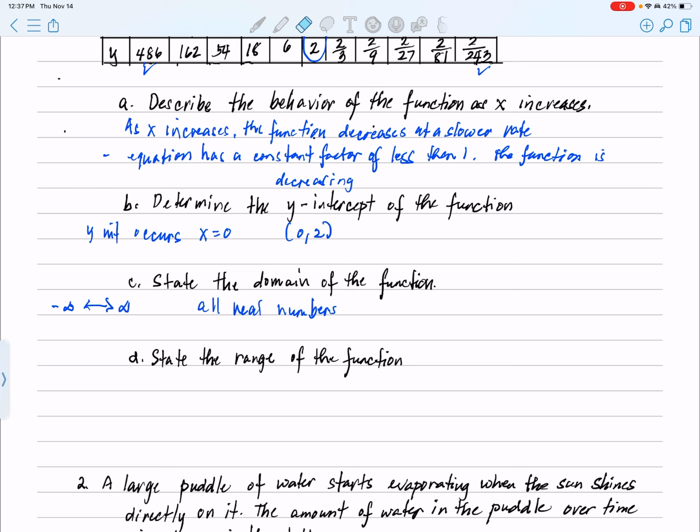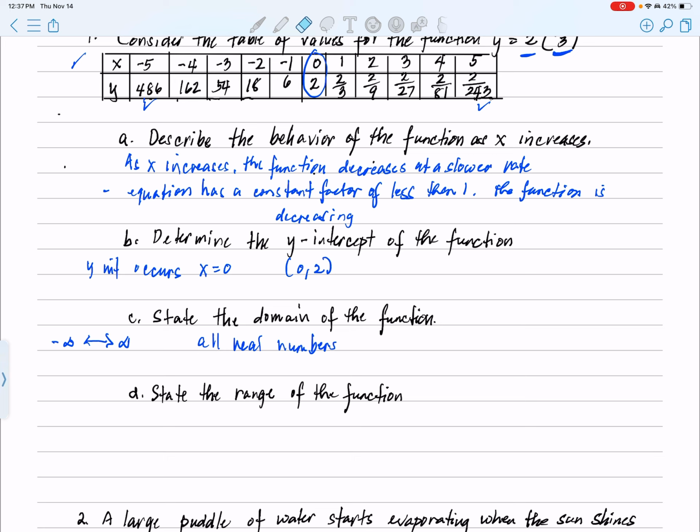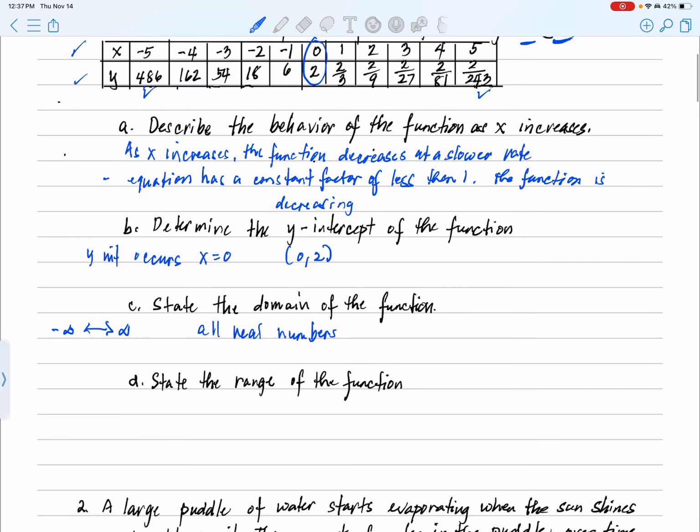Anything goes for the possible value of y. We can see the graph extends indefinitely up towards the left, but approaches an asymptote at y equals 0 towards the right. So y here should be greater than 0.